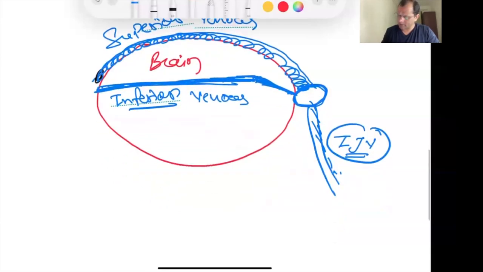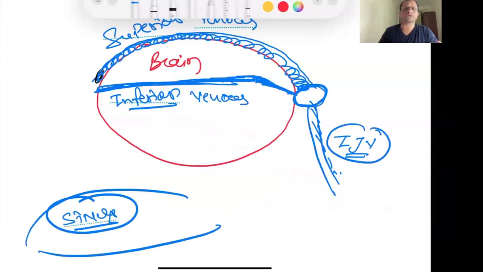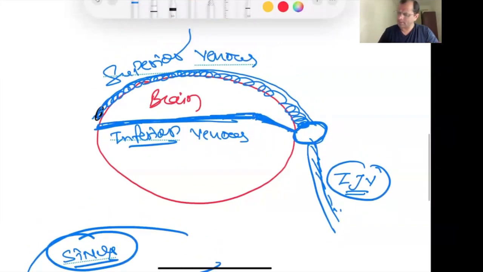And when the pipeline is very big, we call it a sinus. Sinus means bigger pipeline. It's like a very big space. So the pipeline coming from the upper part is called the superior venous sinus, and the pipeline bringing blood from the lower part is called the inferior venous sinus.